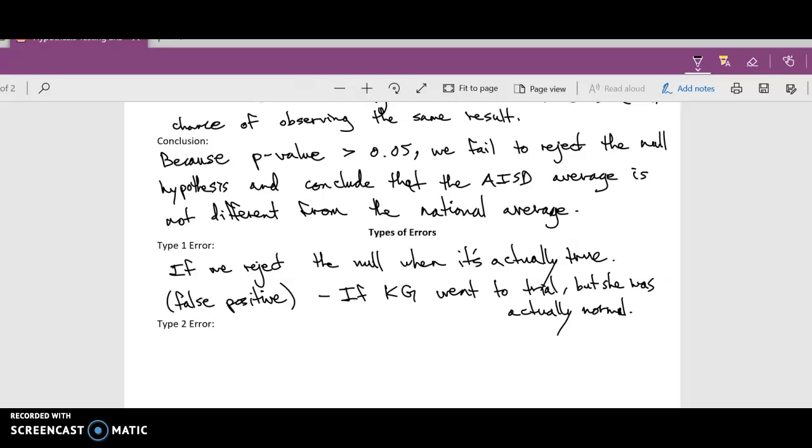A type 2 error would be if we fail to reject the null, but it's actually false.